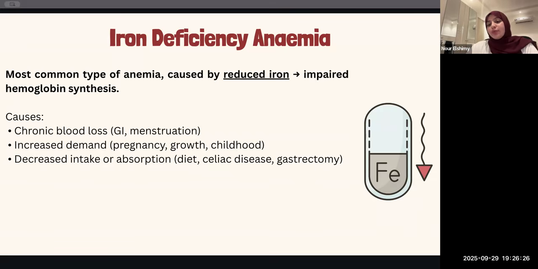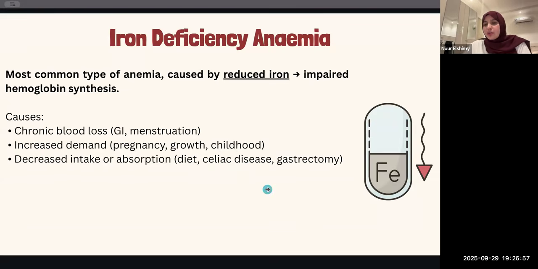So sometimes pregnant women do suffer from iron deficiency anemia because you're going to need to take a lot of iron supplements for yourself and for your baby. And lastly, decreased intake or absorption. So basically, you do not take enough iron from your diet, or you have a certain type of disease. You don't really need to know the examples.